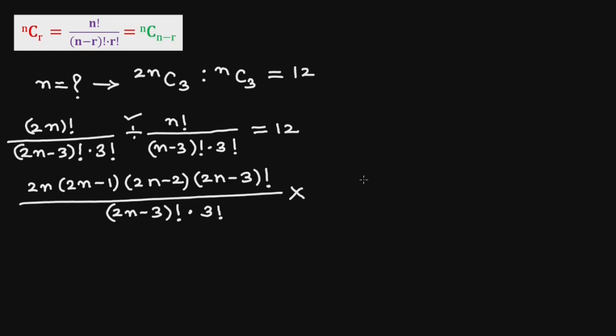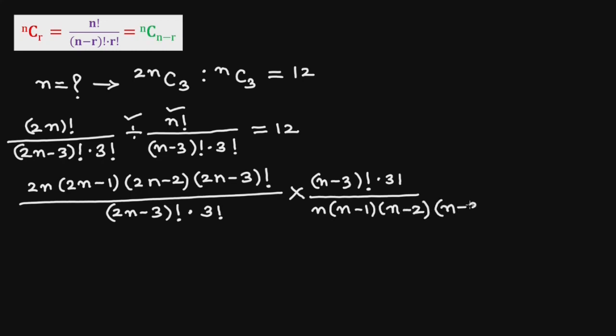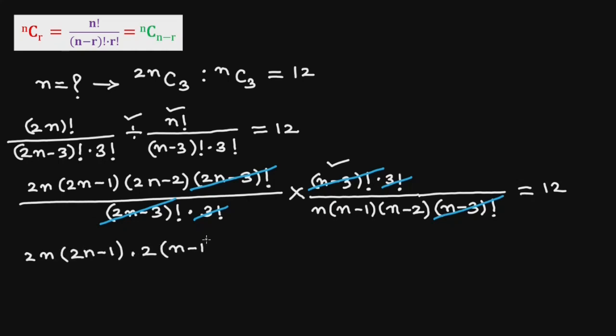n factorial. We write this n factorial as n into n minus 1 into n minus 2 into n minus 3 factorial, because we have n minus 3 factorial in the numerator. Now we cancel 3 factorial, 2n minus 3 factorial, n minus 3 factorial, equals 12. We write 2n into 2n minus 1 into 2 times n minus 1 upon n into n minus 1 into n minus 2 equals 12.